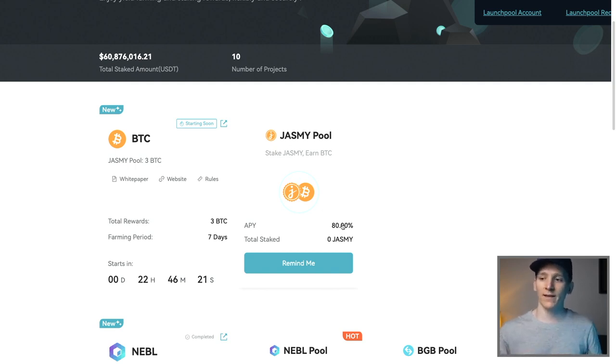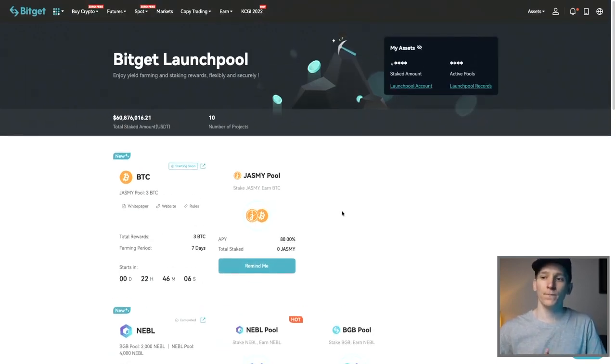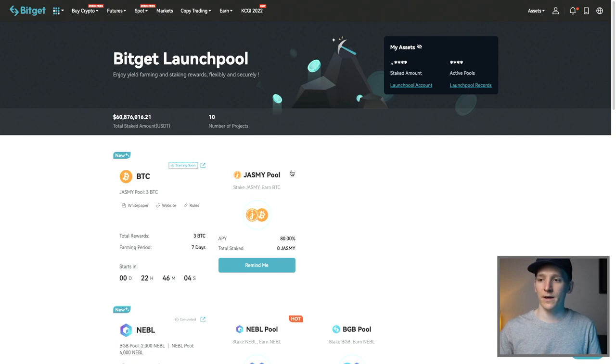So the APY is 80%. That may go down a lot as it gets closer to the launch, and it's only a small limited amount of BTC anyway. And so you can see the total rewards here split over all the people that are investing. So it might be something you want to do. It's not going to make you rich or anything, and it might not be worth the bother, but it is something you can do to get some free tokens that are launching on the platform.